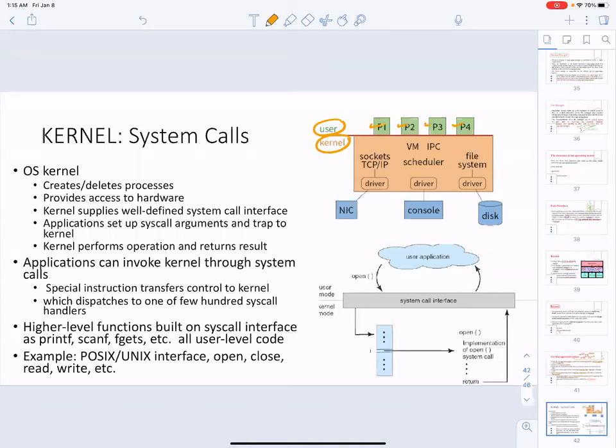But on the kernel level, which is the core of the operating system, we see some system calls generated by the operating system to have access to drivers, like the scheduler drivers, or even the file system drivers that will be connected, for example, to the screen or to the hard disk.